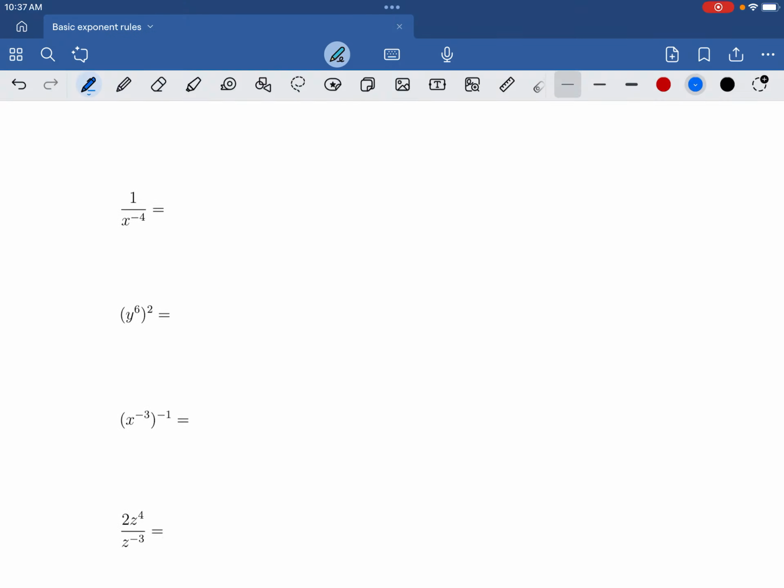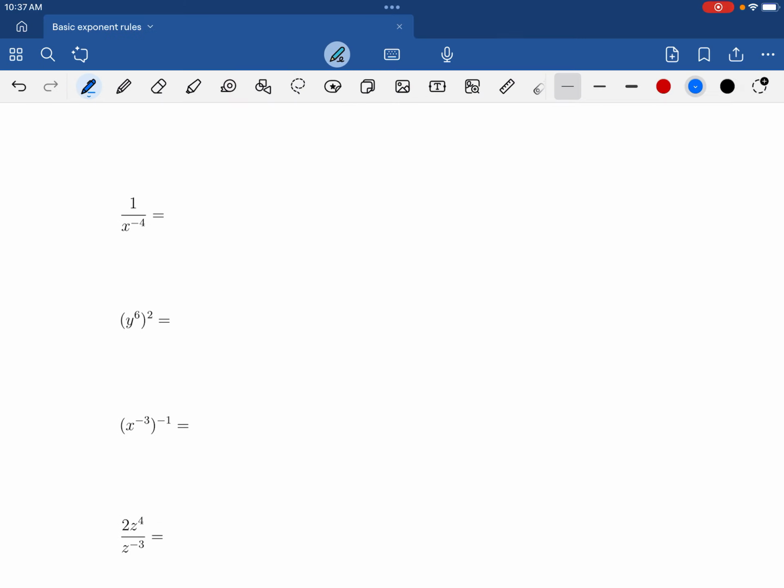Consider a few more similar examples. So we will look at 1 over x to the negative 4. We are not leaving negative exponents, so we can flip and write x to the minus 4.